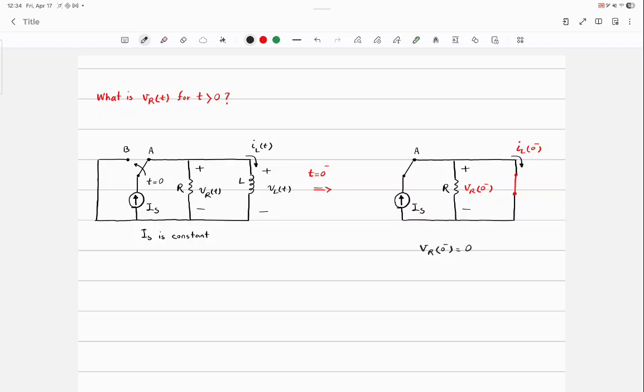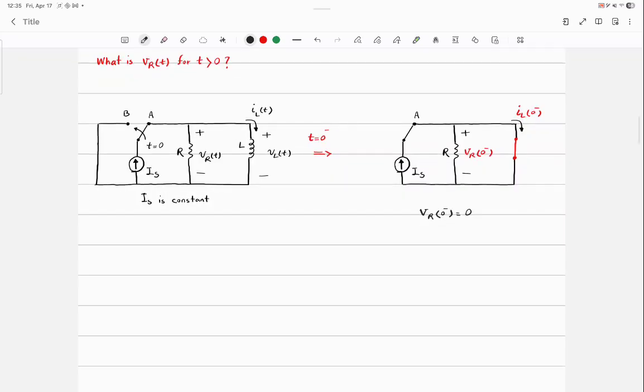So based on Ohm's law, the voltage across it should be 0. Okay? Any problem? Or easier, you don't have to use Ohm's law. Exactly. The two nodes are connected with a wire, so the voltage difference is 0.